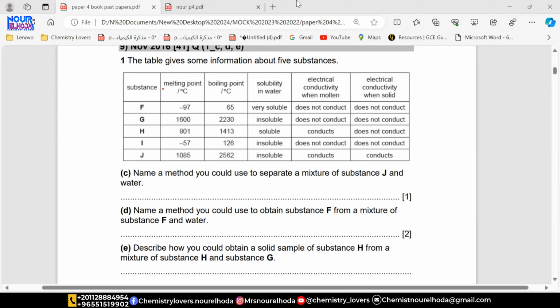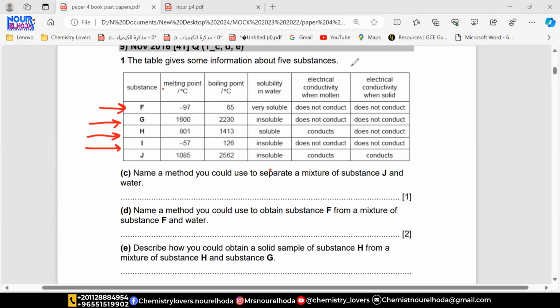Classified is topic by topic. For example, now we are doing the topic of states of matter, so all the questions that were there in states of matter will be together after each other.